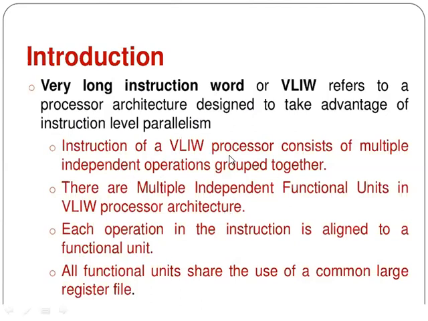An instruction of a VLIW processor consists of multiple independent operations grouped together, and there are multiple independent functional units. Each operation in the instruction is aligned to a functional unit, and the functional units share use of a common large register file.